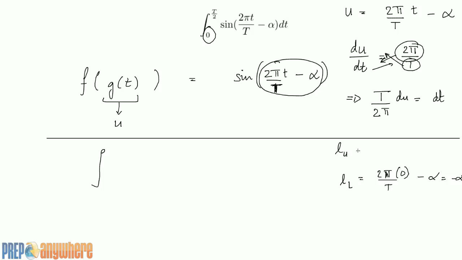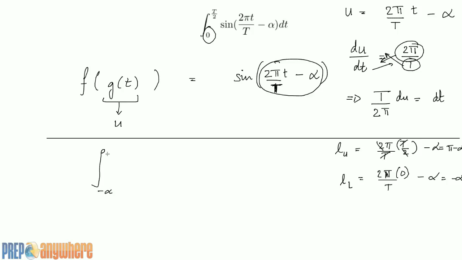And the upper limit is going to be 2 pi times the old upper limit, which is capital T divided by 2, this guy divided by capital T, minus alpha. T and T cancel out, 2 and 2 cancel out, and we have pi minus alpha as the upper limit. Let's put these in.